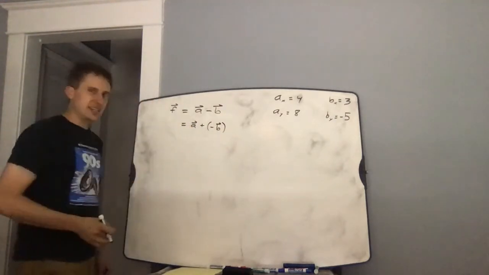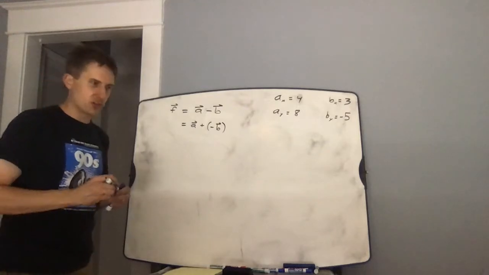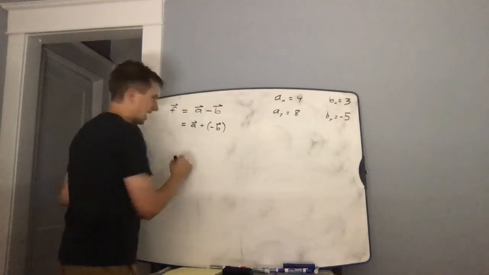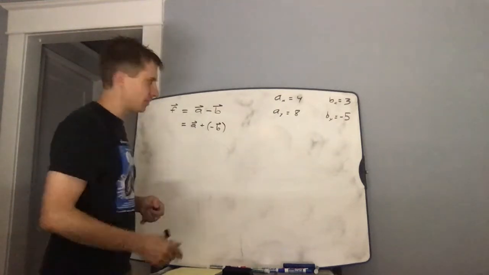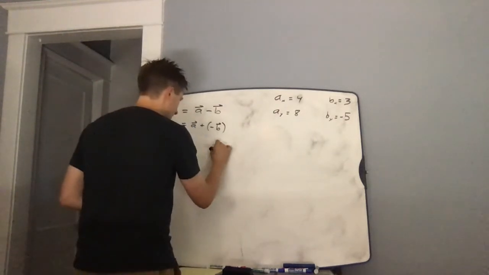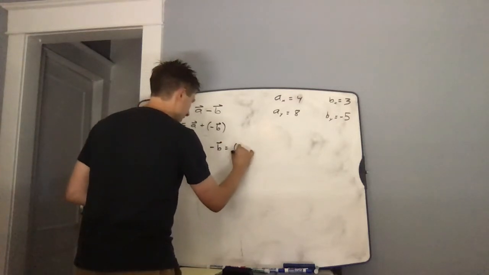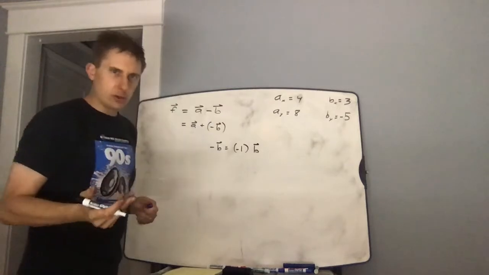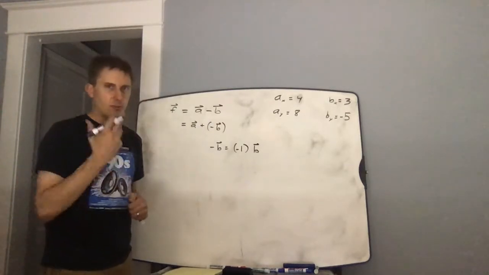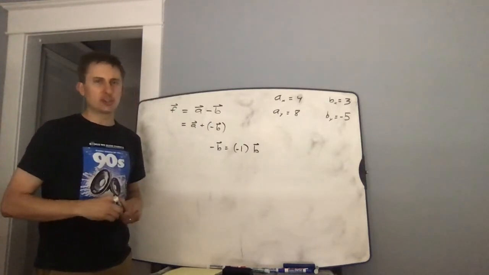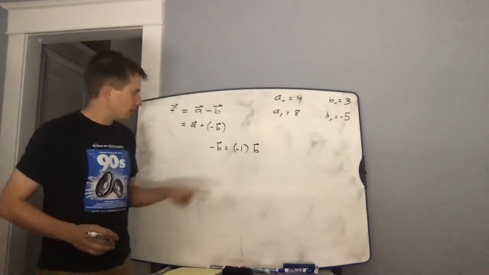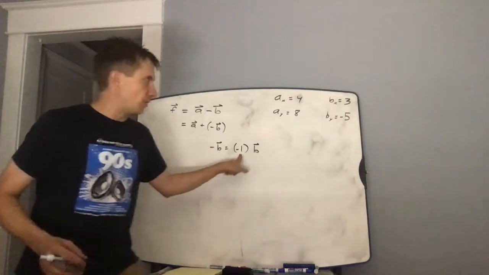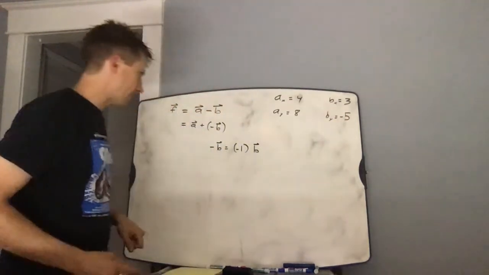So what is this negative b that we're talking about? Well, negative b is the same thing as negative 1 times b. So I could write negative b is equal to negative 1 times vector b. And we learned from the slides on multiplying vectors that when you multiply a scalar by a vector, you multiply that scalar by the components of that vector individually.